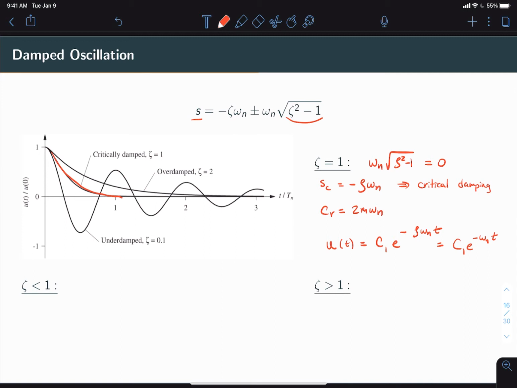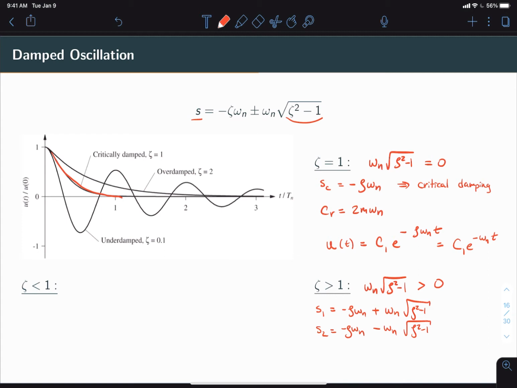Now let's look at the case where zeta is greater than 1. In this case, we know that omega n times square root of zeta squared minus 1 is going to be greater than 0. Therefore, we have two solutions now. And in this case, one of those solutions is going to have a slower decay than the critically damped case.